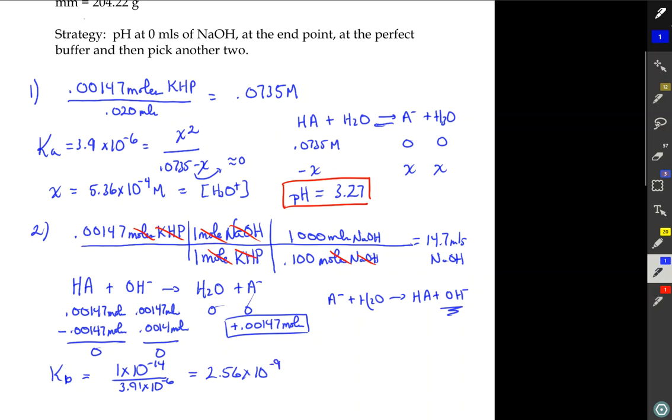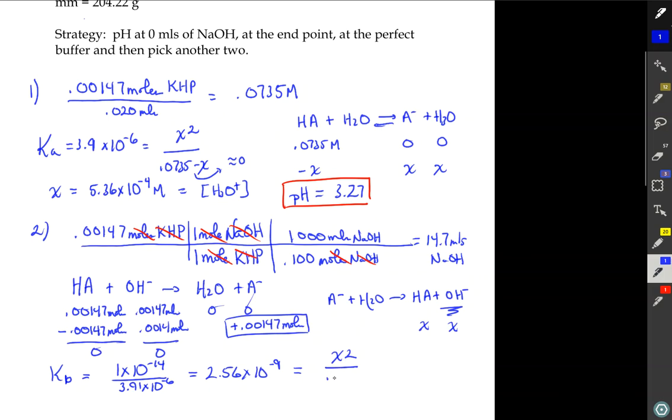Now I set that equal to this stuff in water, and these are my x's over here. So I'm going to say x squared on top, and then on the bottom, oh, sorry, that's not right.